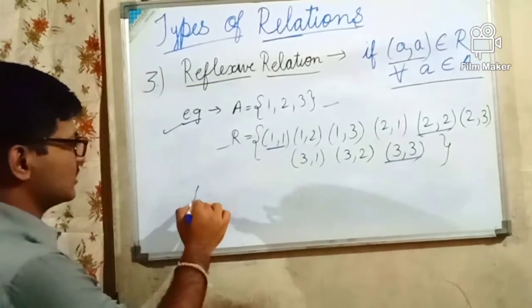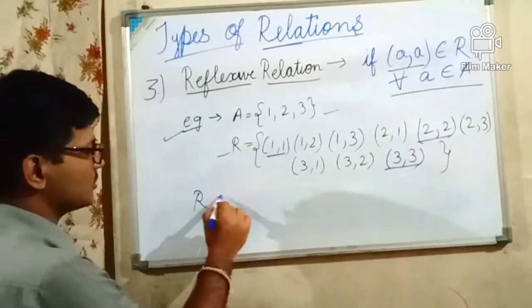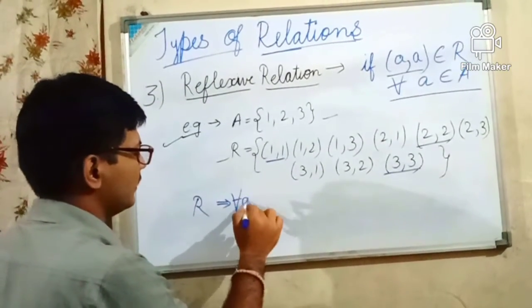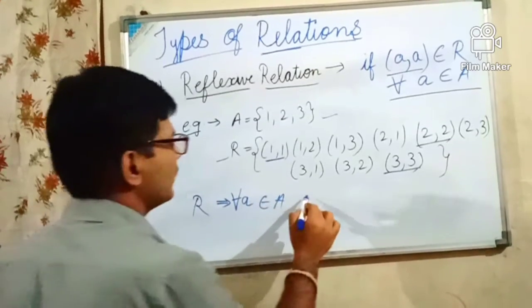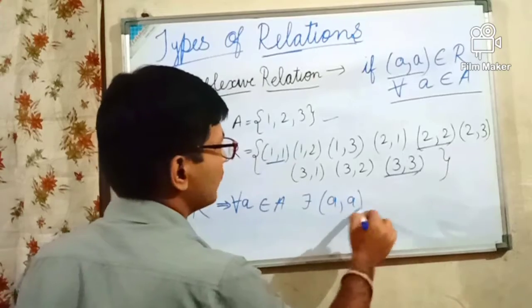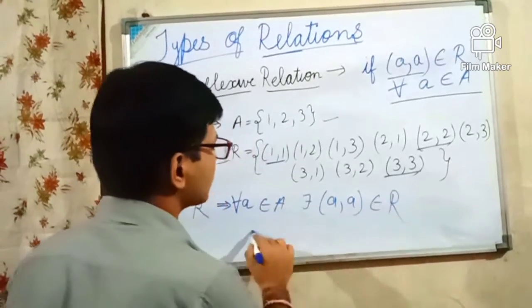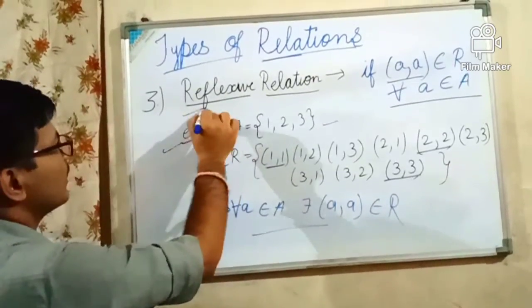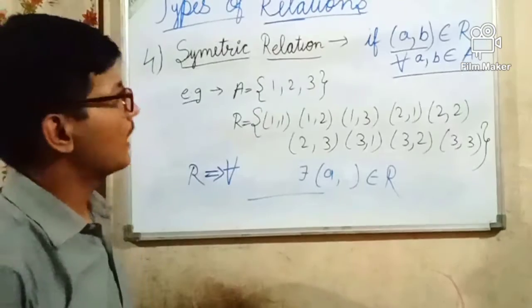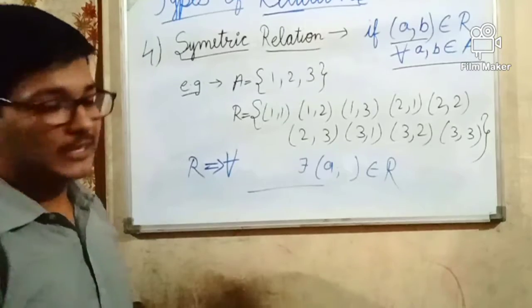Such a relation R in which for every a belongs to A, there exists (a, a) belonging to R, such a relation is known as a reflexive relation. The fourth one is symmetric relation.